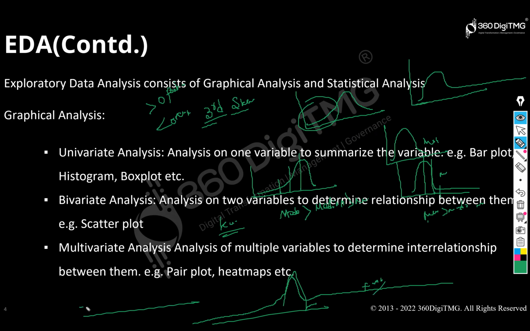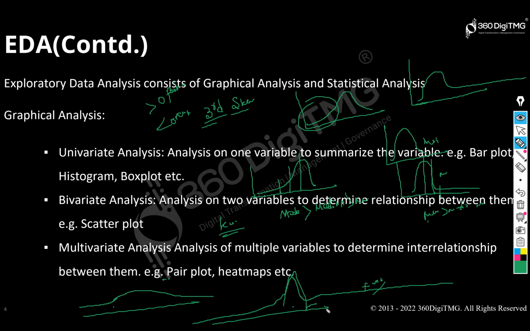If the peak is thick and wide with a short tail, it is called negative kurtosis. Thin peak, thick peak, short tail, long tail.